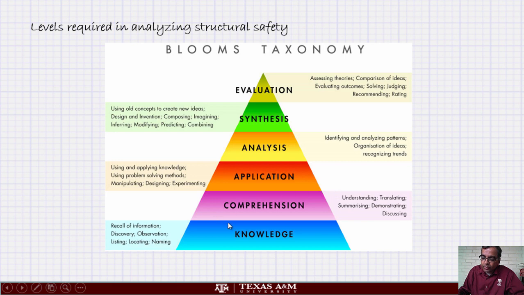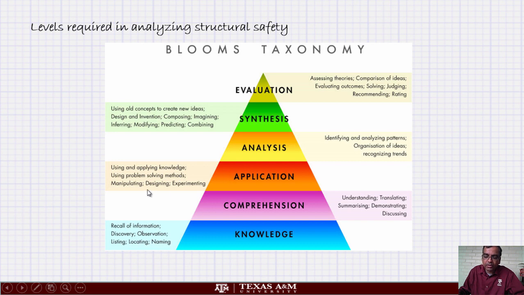The next one is comprehension: translating, understanding, summarizing, demonstrating, discussing. Many of our steps are out here, using and applying knowledge. That's when we start. So 221 is in this range of Bloom's taxonomy.